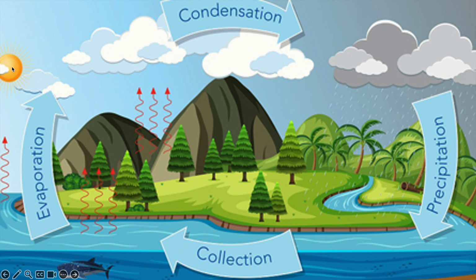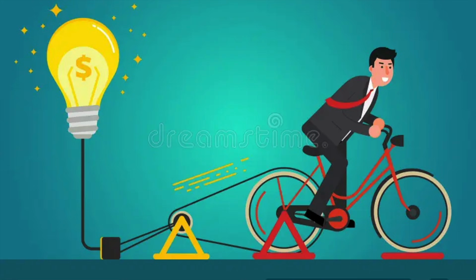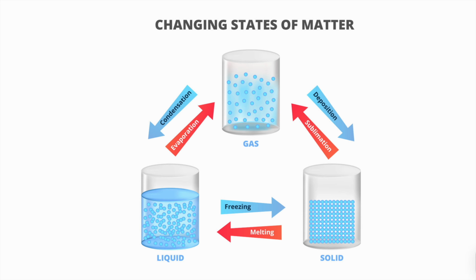Imagine the sun is shining its rays downwards, but once the water gets to the sky, it condenses, it cools down, and it forms these clouds. And these clouds are basically a huge collection of water droplets. We're going to get to that shortly. So that is condensation. Remember, condensation is just a cooling down of a gas to a liquid.